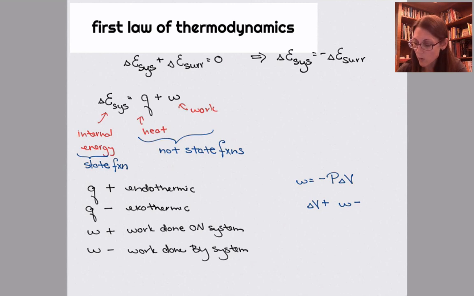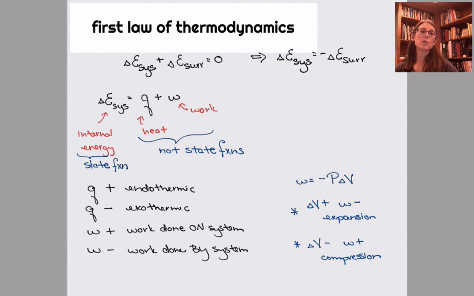And so for what's called an expansion of a gas, work is going to be negative. On the other hand, if a gas is compressed, and so the change in volume for that gas is negative, a negative times a negative gives us a positive value for work. And so for a compression of a gas, work is going to be positive.